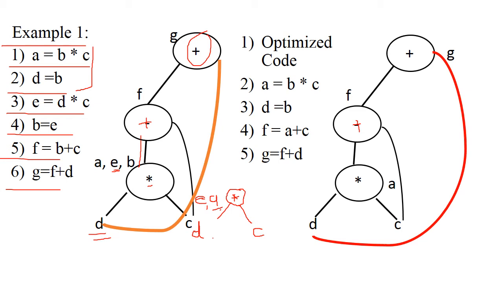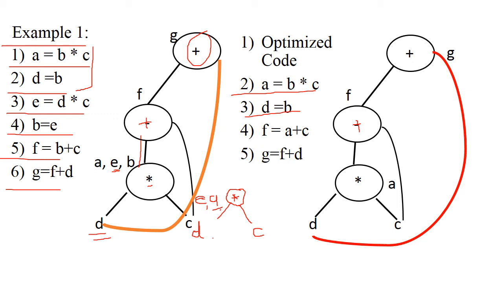Now after drawing this particular DAG, there is a need to optimize the code. While optimizing the code, it is necessary to traverse this particular DAG. Now A is equal to B multiplied by C is required, no problem. Then the value of B should be assigned to the D, it is also required. Now let us focus on these two instructions.